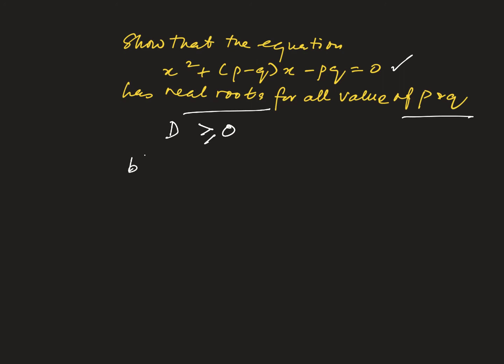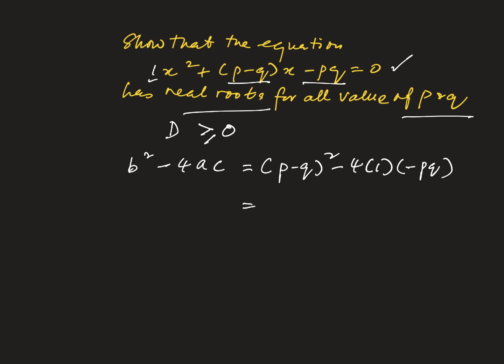The discriminant is b squared minus 4ac, where b is p minus q, so (p minus q) squared minus 4 times a, which is 1 here, times c, which is negative pq.